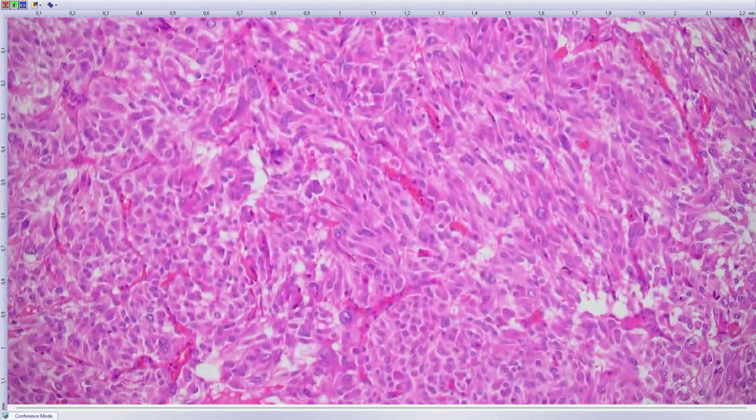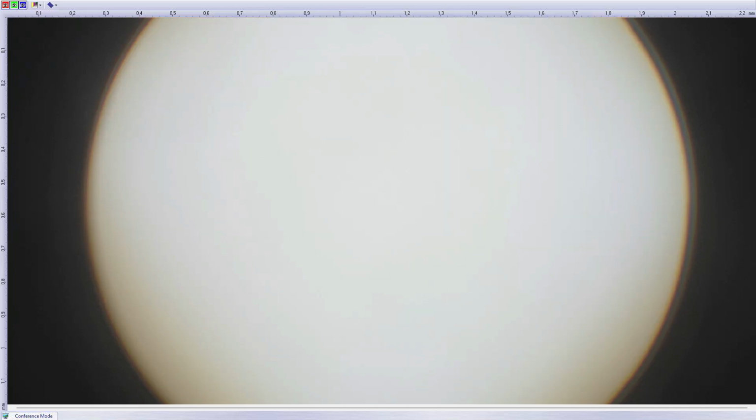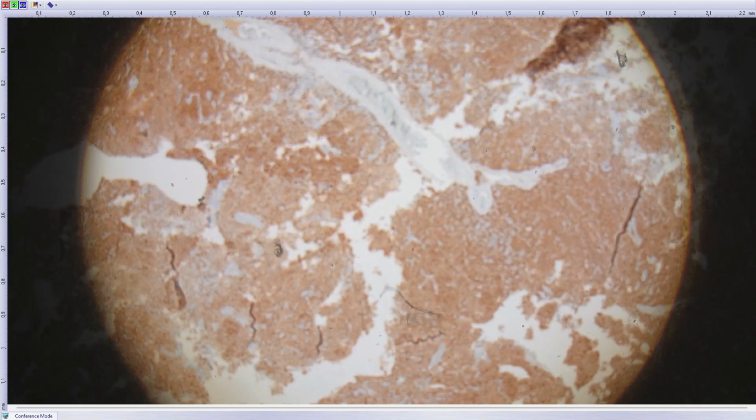immunohistochemistry done. And cytokeratin, broad spectrum cytokeratins were negative, completely negative. S100 was diffusely positive.